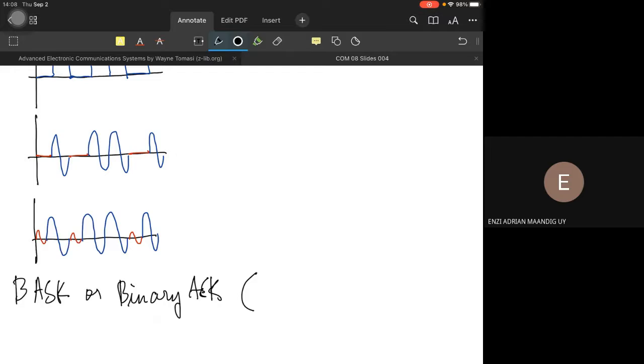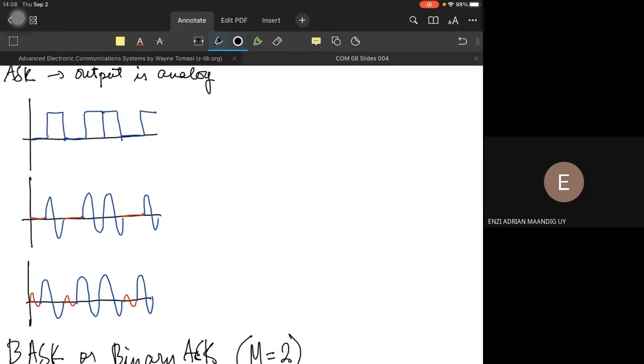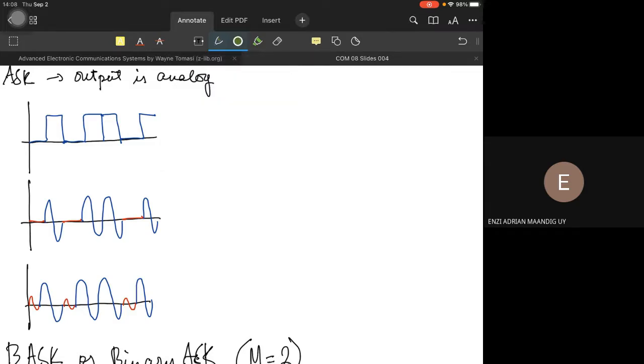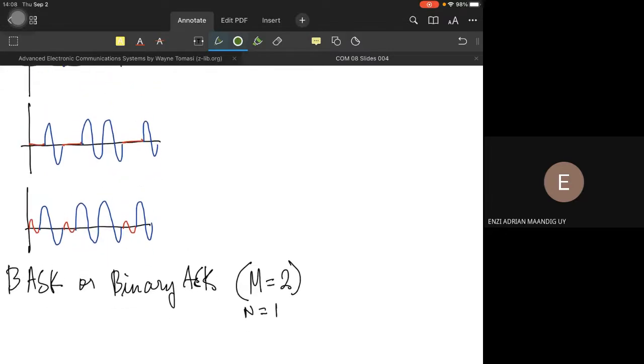Binary ASK. Meaning M is equal to 2. And consequently, N is equal to 1. Meaning 1 bit lang yung store. Asa man dili ang 2 kabuok na M or duha nga states. This one, no? First state, second state. So, BASK. Ang duha ka state. So, it's possible di ay na there are multiple states for ASK.